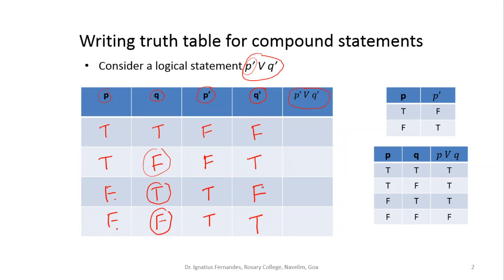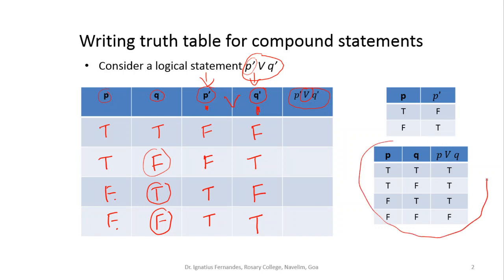After I have got these columns, now I go to the final column. So I need P bar or Q bar. So I have P bar here, I have Q bar here. Now I use OR. So I should be using OR for these 2 columns here, this column and this column. Now for that I go back to the OR truth table.